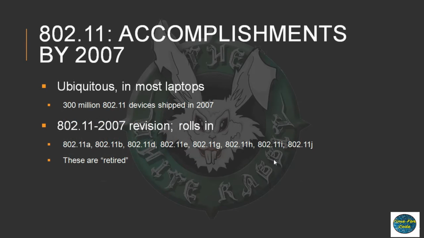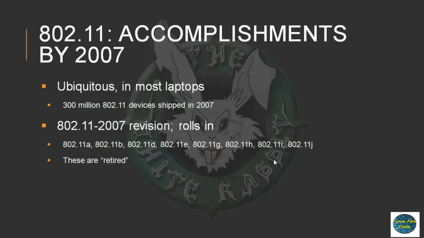So by 2007, 802.11 was everywhere, and something happens every 5 or so years: the 802.11 amendments that have been published in the past few years are rolled into the main specification.